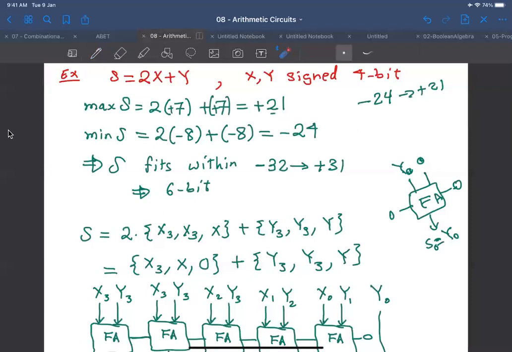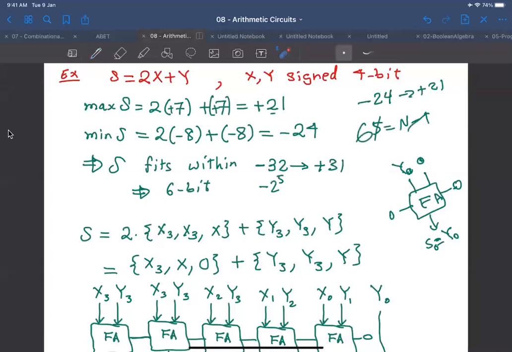But the minimum range is from minus 32. So what is minus 32? Minus 32 is minus 2 to the 5, and you know that 5 is equal to n minus 1 in your case. So your n is going to be 6. Okay, it's clear.